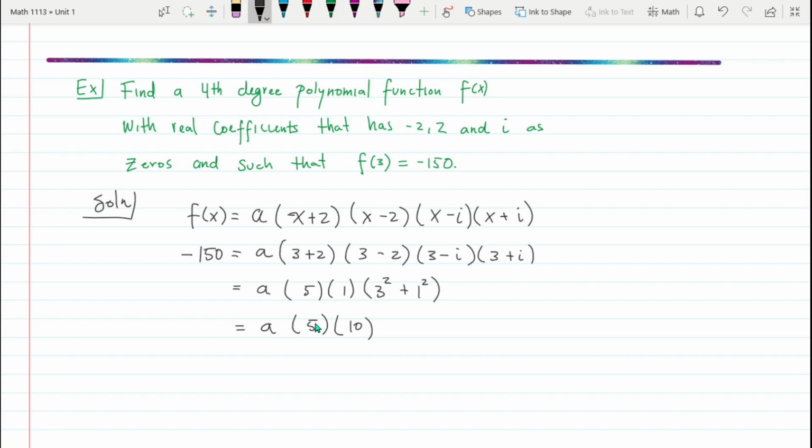So remember, this is all equal to negative 150. So a times 50, and therefore a is going to be equal to negative 3.